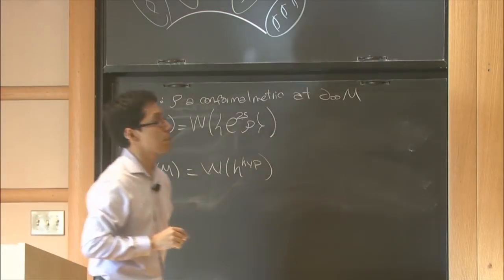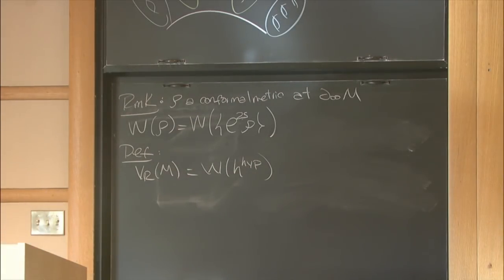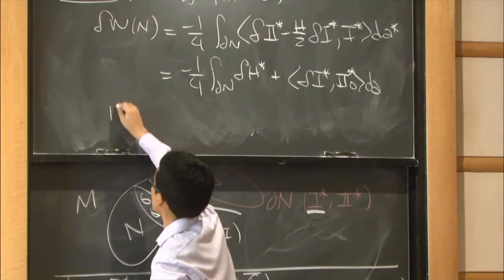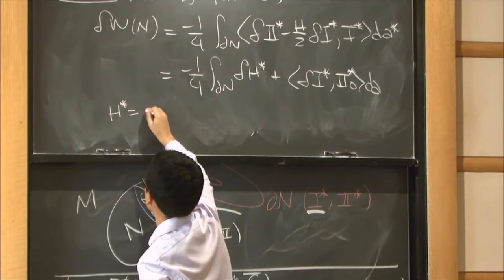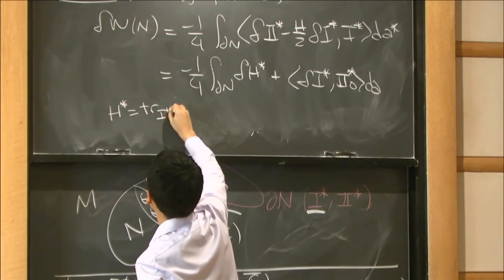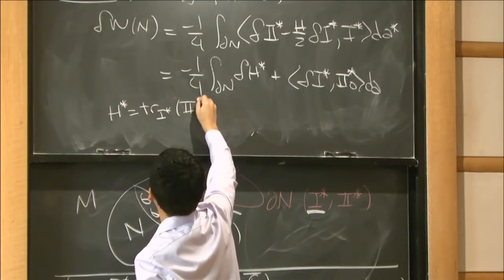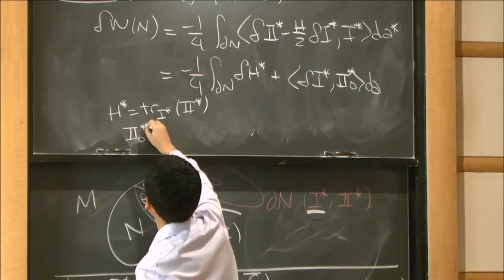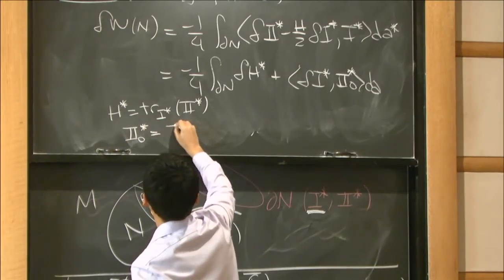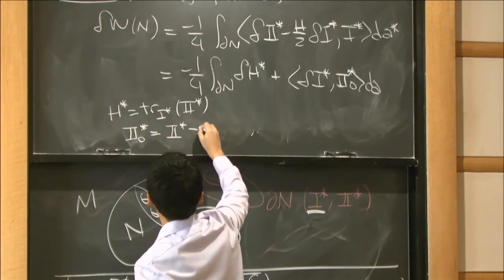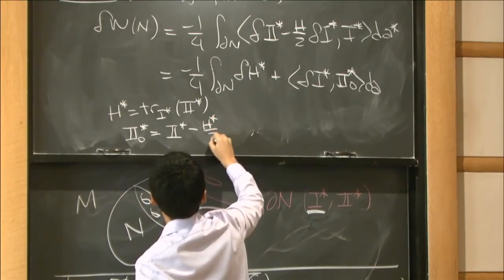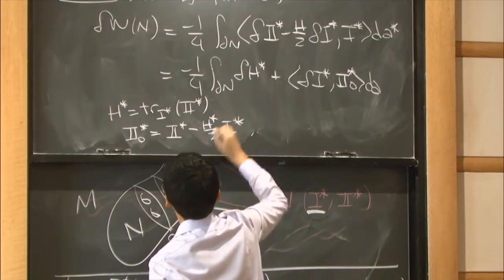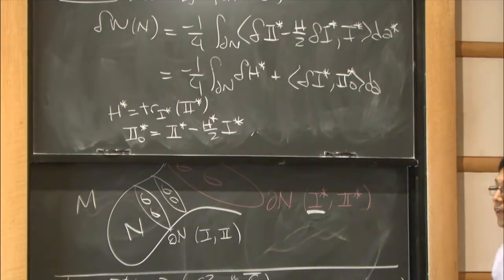So which consequences does that bring in terms of our variational formula? Here I should point out that H star is just the trace with respect to I star of the second fundamental form at infinity. And this is just the traceless part of the second fundamental form.